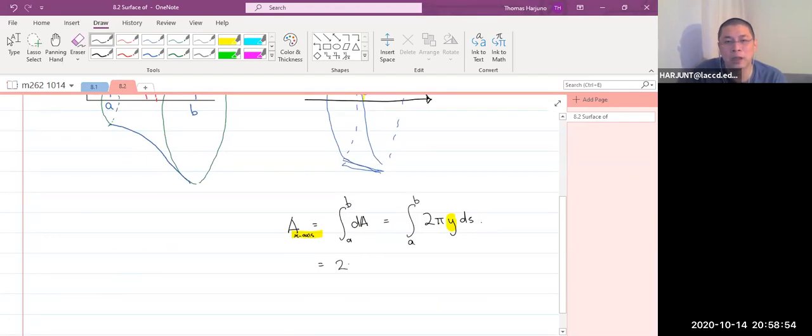I can factor the 2 pi out as a coefficient. The y is usually expressed as f of x, but let me just keep it as y, as long as you keep in mind y is a function of x. So this is the square root of 1 plus dy dx squared dx.